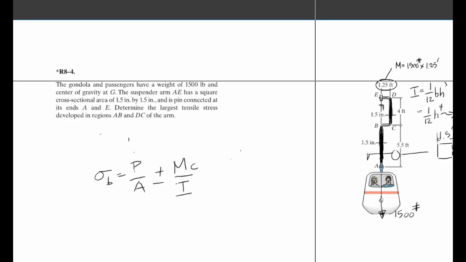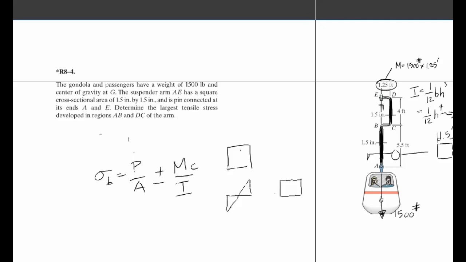If we look at that solid block again, we know that the stress diagram due to bending is going to look like that, and the axial diagram is that.